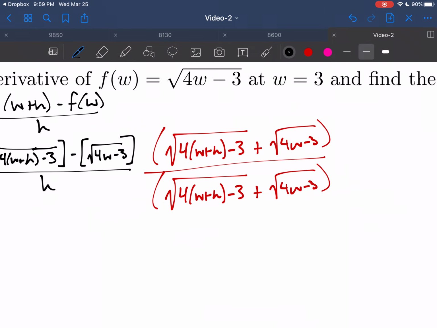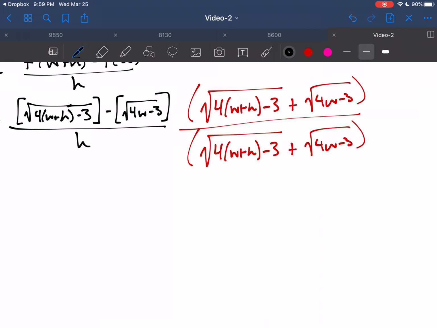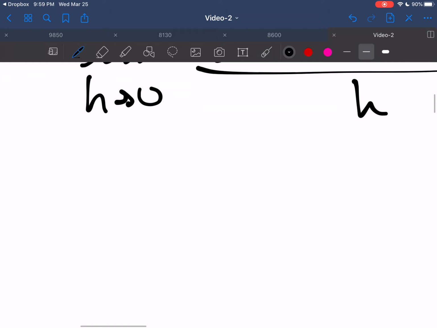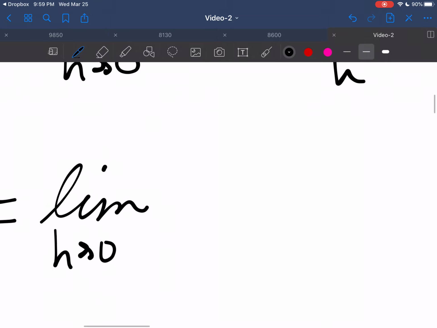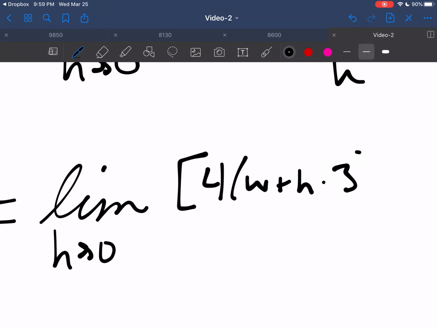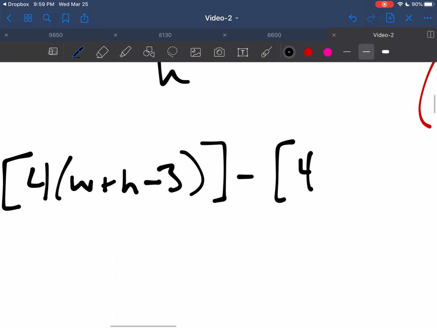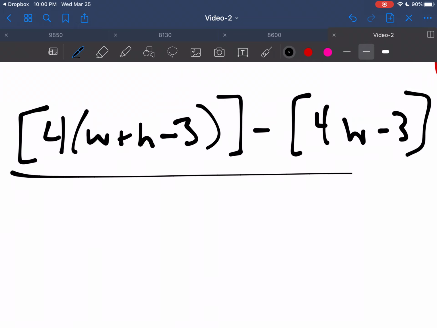So we multiply by the conjugate, and we get the limit as h approaches 0 of 4 times w plus h minus 3 minus 4w minus 3 divided by h times our conjugate.